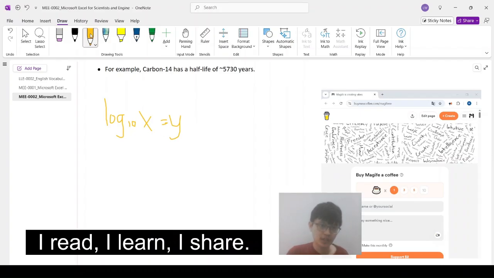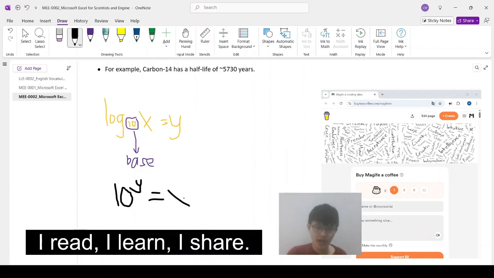This 10 here is actually the base. So what this equation means is the base to the power of y is equal to x.